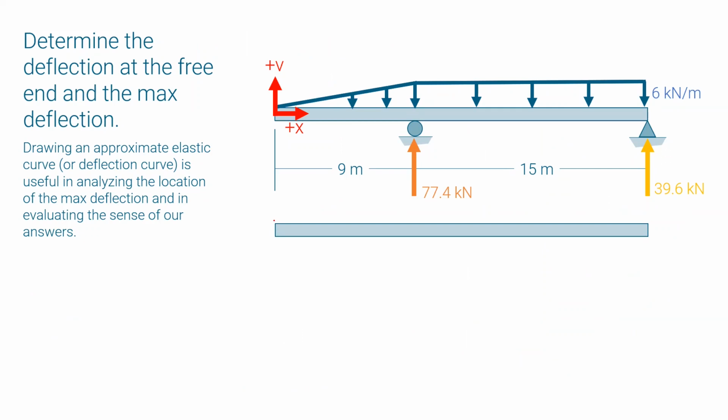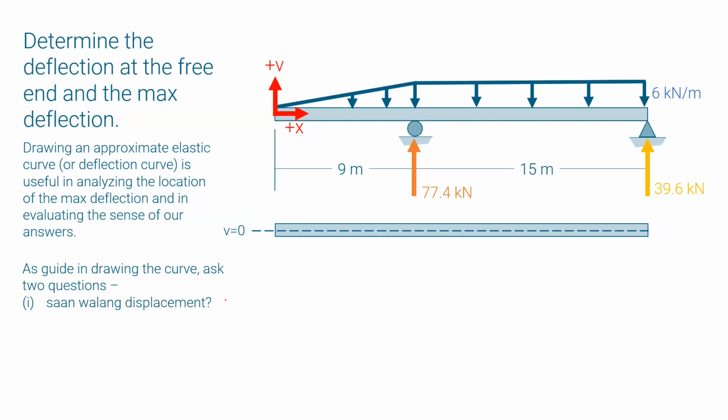So, normally, ginagamit natin V is equal to 0 yung beam axis natin. Okay? Tapos, may dalawa lang kayong guides para makapag-approximate ng beam deflection. Titingnan nyo yung supports. Saan walang displacement and saan walang slope. Yan yung mga dalawang tanong na kailangan nyo sagutin. So for example, sa problem natin, ang concern natin yung una.